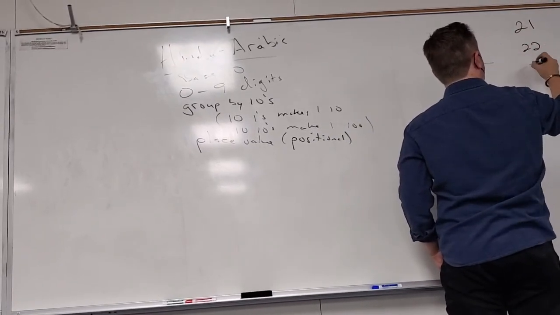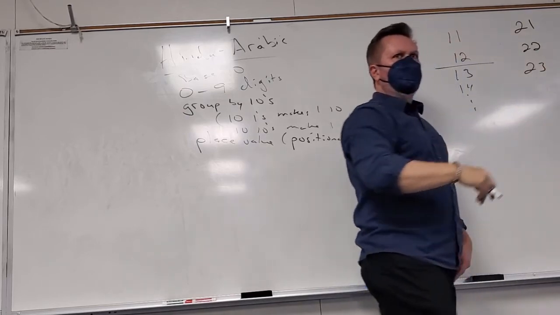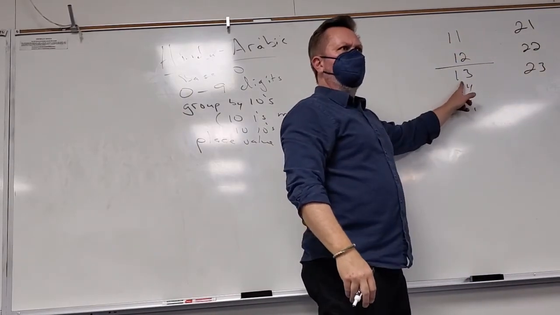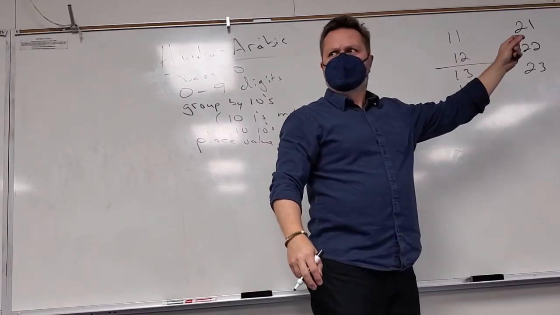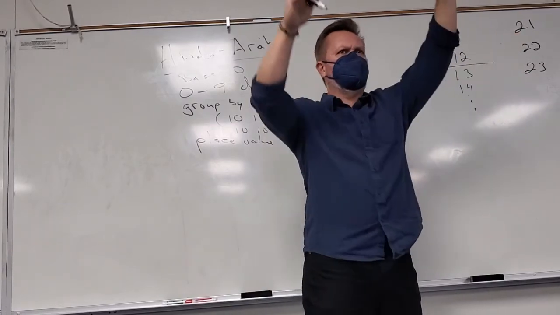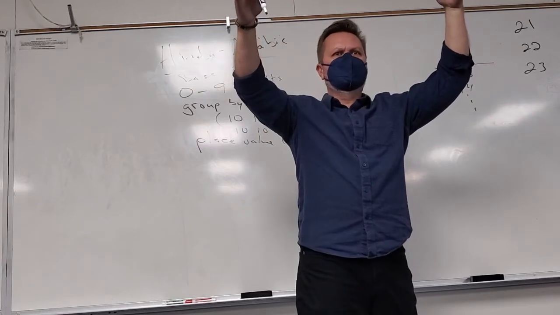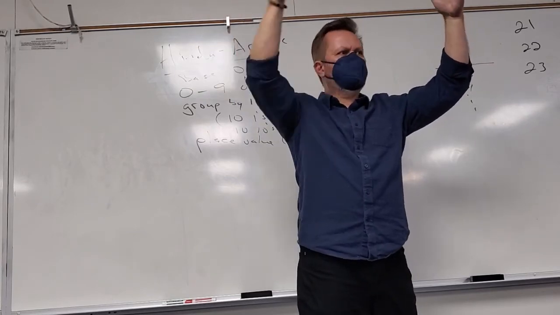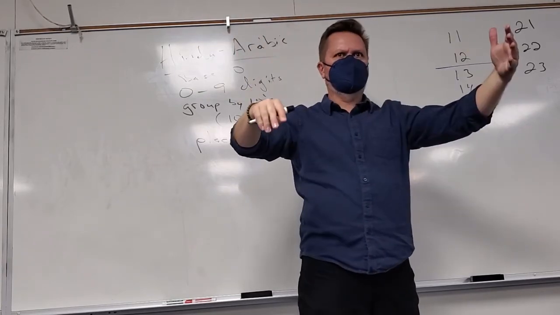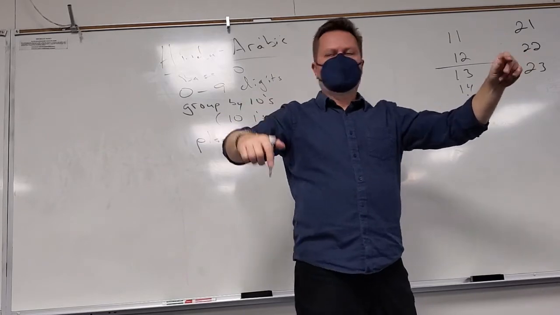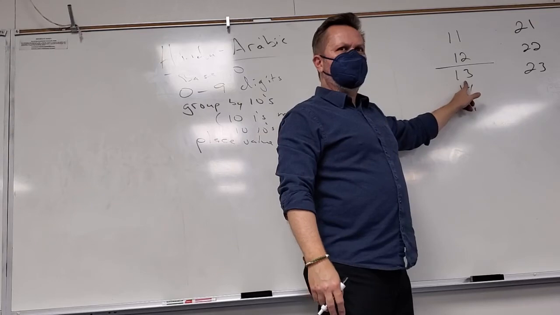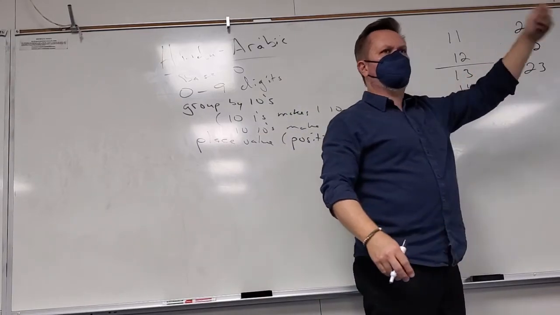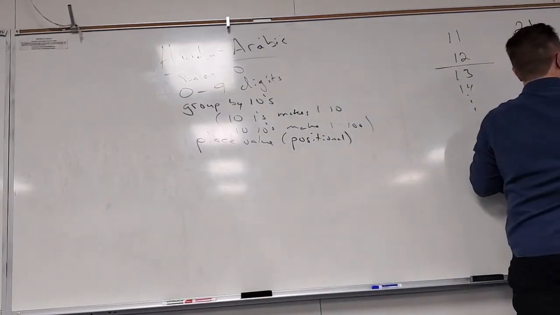21, 22, 23. Yes? Now break 23 down. 20, 2 tens, right? 2 tens, 3. 23. So what could I call this then if it was in the same vein as 23, 33, 43?